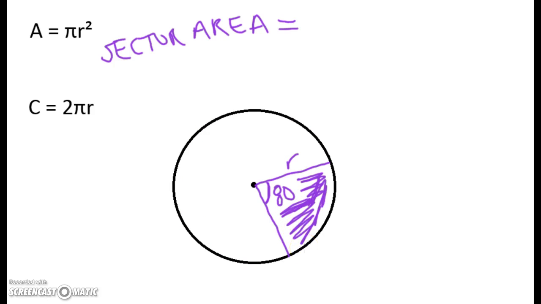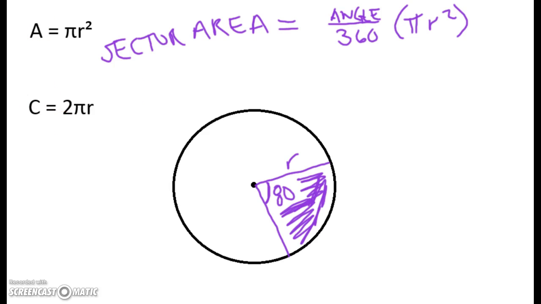All right, so the way you would do that is you would put your angle divided by 360. So that's how much of the circle you have, so in this case we have 80 degrees out of the whole circle, and a whole circle is 360. And then you multiply that by the area, pi r squared, and that would give you your sector area.